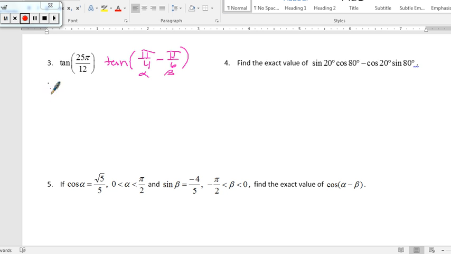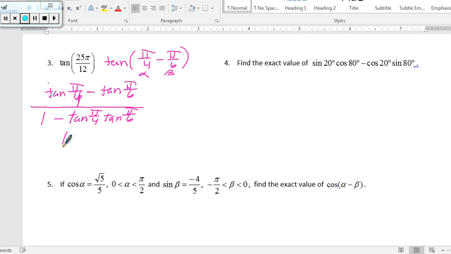Filling everything in, we get the tangent of pi over 4 minus the tangent of pi over 6 all over 1 minus the tangent of pi over 4 times the tangent of pi over 6.